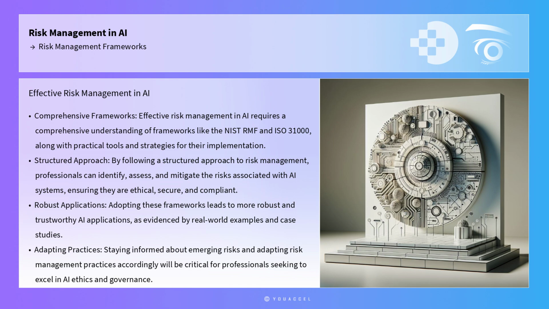Through real-world examples and case studies, it is evident that adopting these frameworks leads to more robust and trustworthy AI applications. As AI continues to evolve, staying informed about emerging risks and adapting risk management practices accordingly will be critical for professionals seeking to excel in AI ethics and governance.